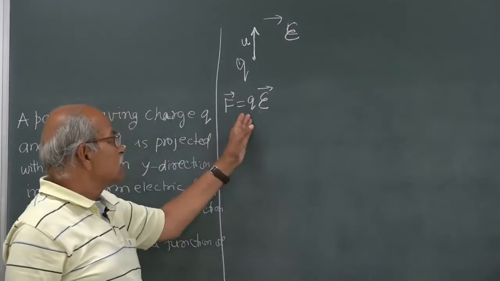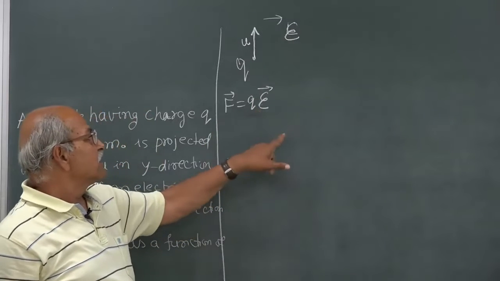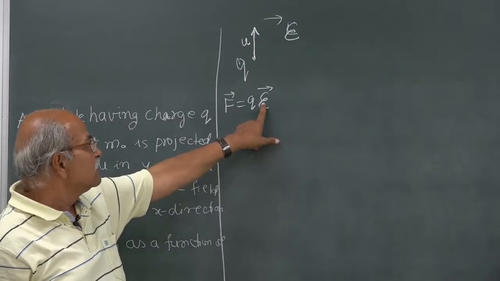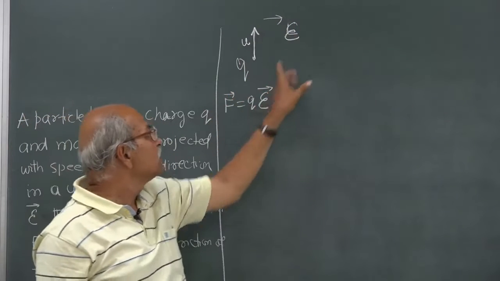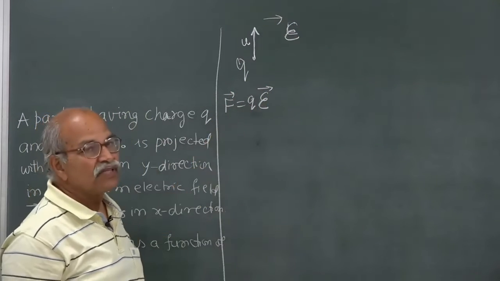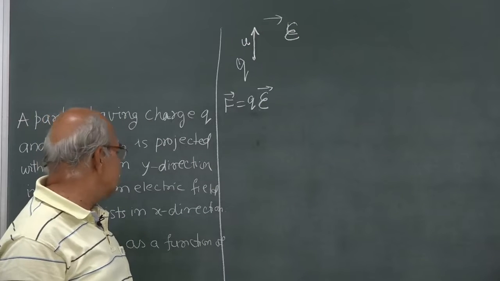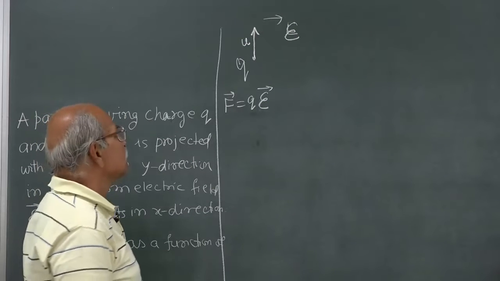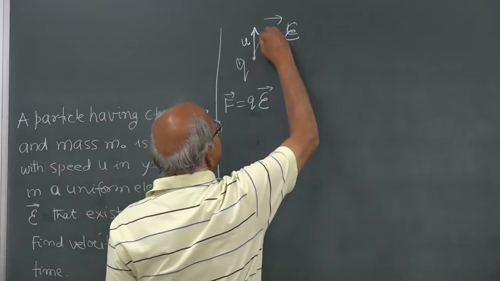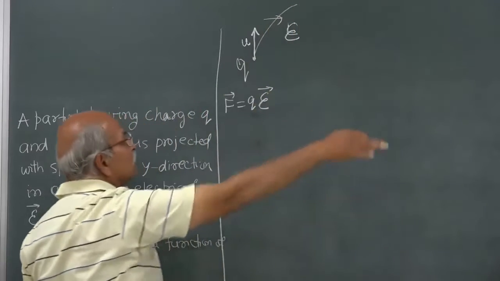Force is q times electric field, and since this is uniform and constant as a function of time, it does not change. So, wherever the particle goes, it finds that electric field. This is the force, and we have to find the velocity as a function of time. The force will be in x direction all the time, and so you will expect that the motion will be a curved motion.